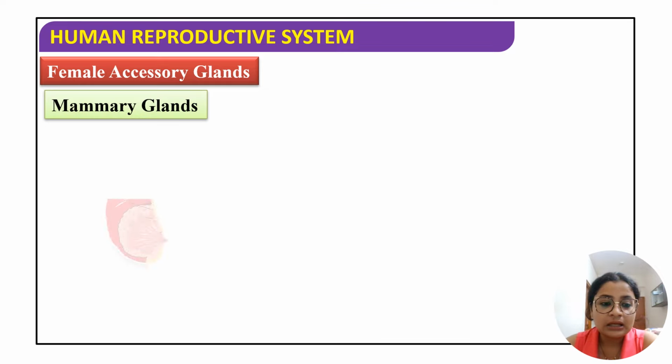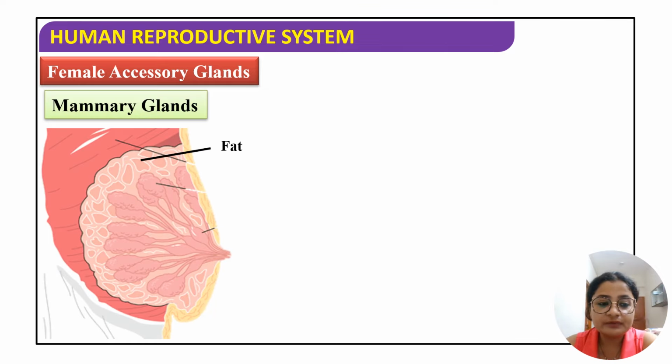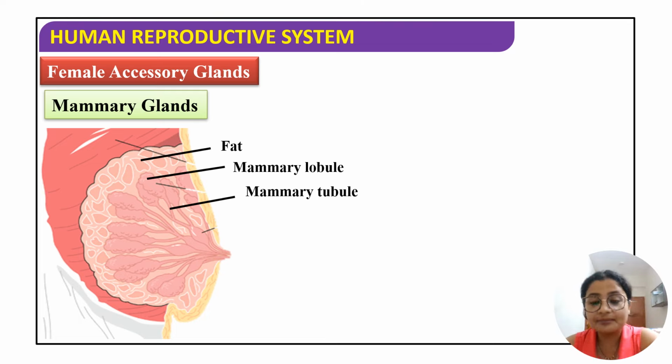Okay. And last but not the least, we will be talking about the mammary glands, very important part of the female reproductive system, because they are the organs that are responsible to feed the newborn child. And breast milk is something which is very much important for the newborn child, to develop the immunity of the newborn child.